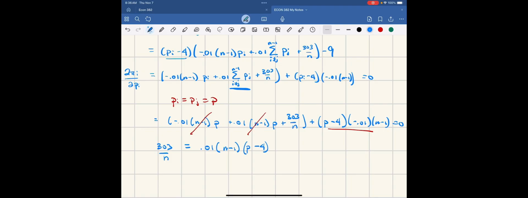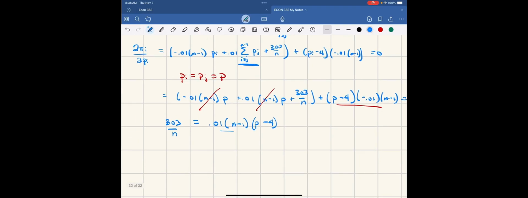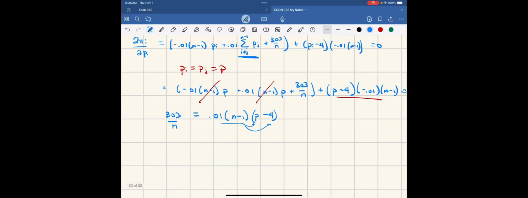And now that we have that, we're going to solve for p. So I can factor this through to each of those, and then solve for p. What we end up getting is that p is equal to 4 plus 303 over 0.01 times (n minus 1) times n.